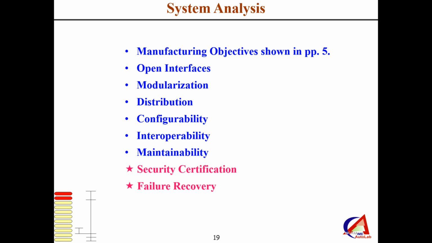And then configurability. In other words, we can pick several functions together so that they can cooperate with each other. And you see the interoperability. Do you remember when we studied CORBA, you will know the definition of interoperability.